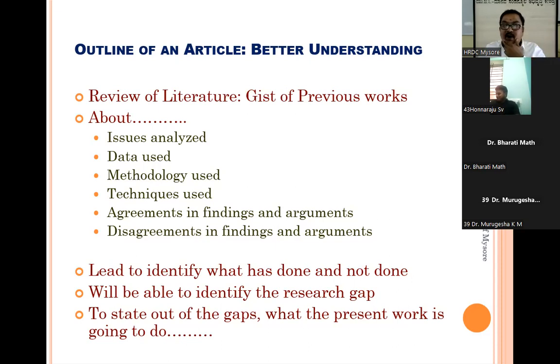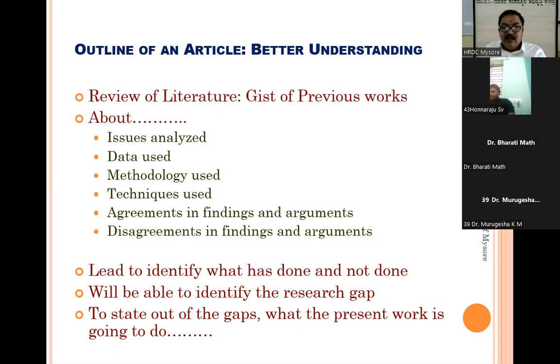In statistics, if you have written factor analysis, if you have written structural equation analysis, definitely your paper will be published. Frontier analysis, your paper will be published. So therefore, the review of literature will help you decide what techniques you have to use for your paper.